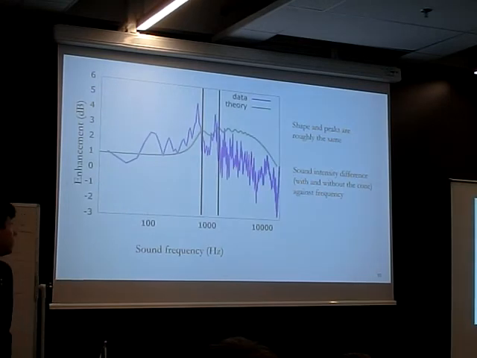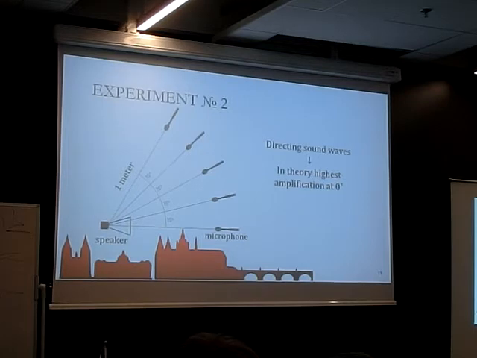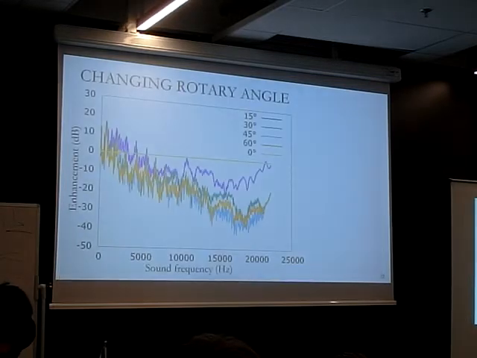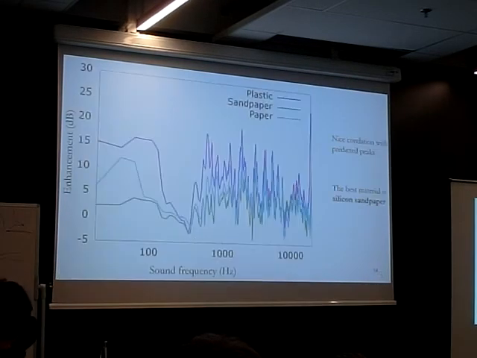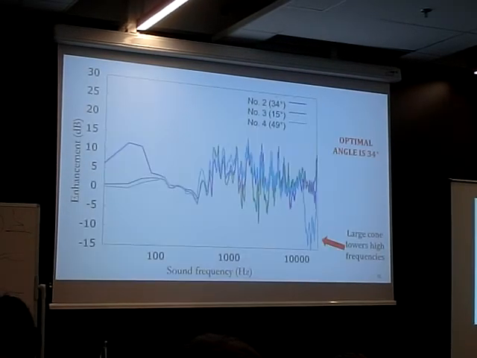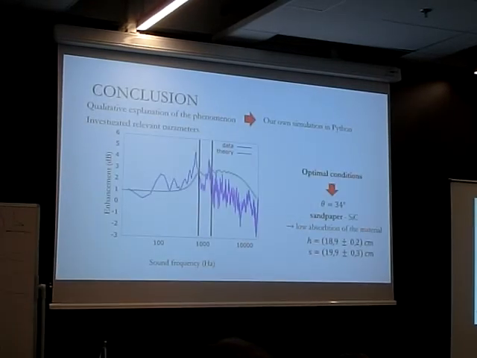We've got some relation between the data and theory, and we've tried to describe why the phenomenon was happening, and to confirm that with various types of experiments. We've measured a lot of data, and we've found the best, optimal conditions for the horn.